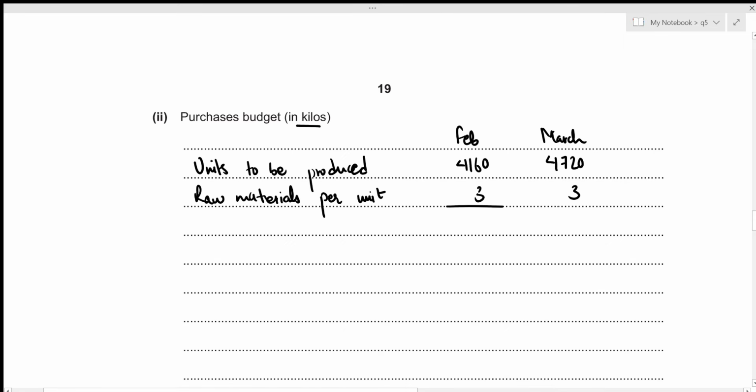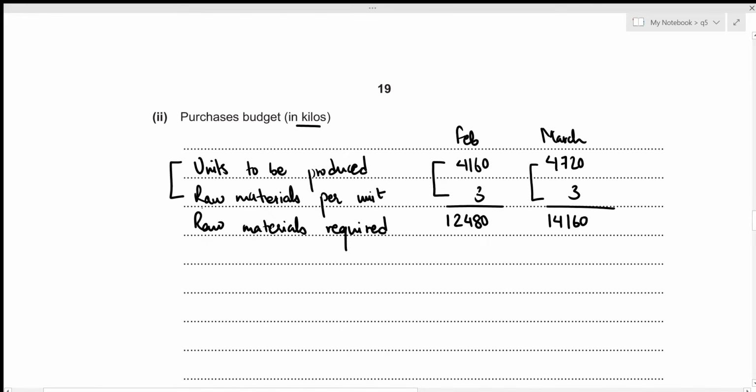Now we can easily figure out the total raw materials required. And that is just going to be the product of units to be produced and the raw materials per unit. For February, that's 4,160 times 3, which results in the value of 12,480. And for March, that's the product of 4,720 and 3, which results in the value of 14,160.